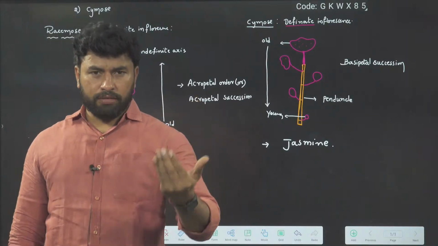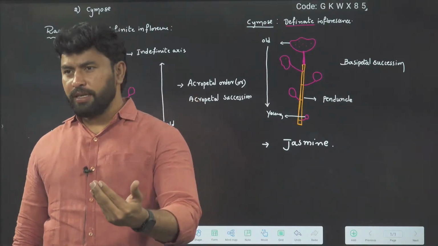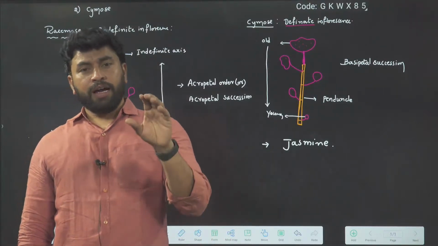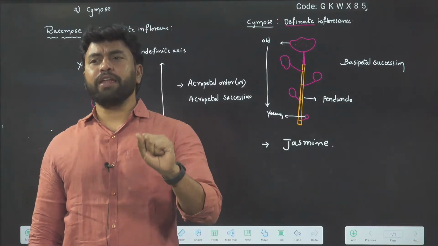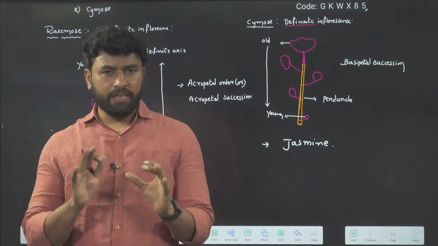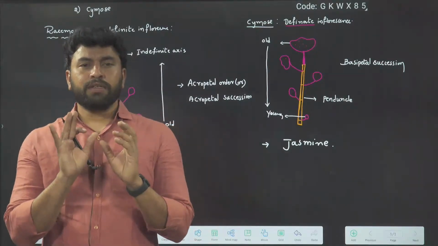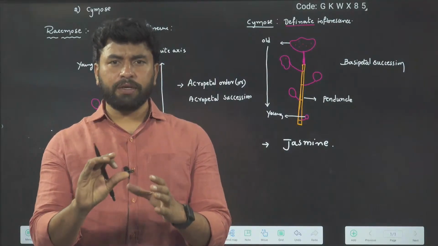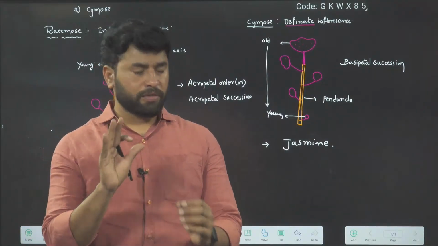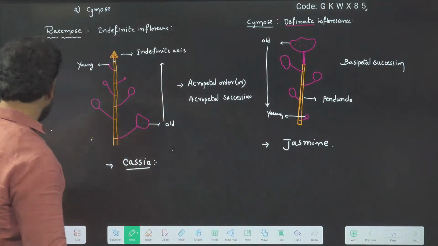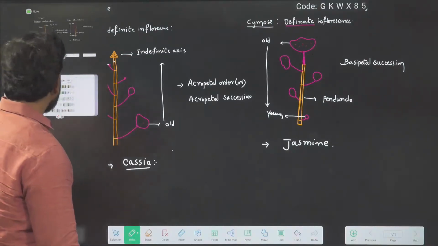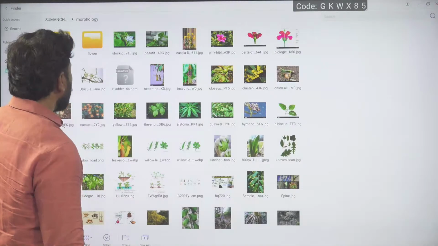If you dig into racemose inflorescence itself, there are various types, and cymose again has various types. First I will show you some of the examples that we need to remember with respect to racemose and cymose. Let us catch this idea of racemose and cymose inflorescences. I have brought some of them.